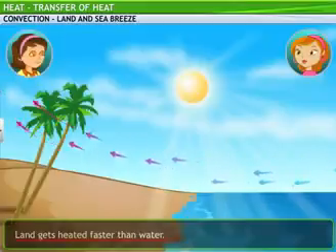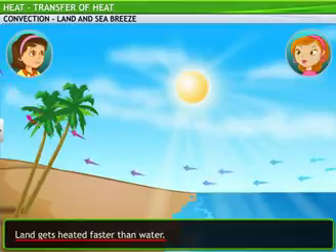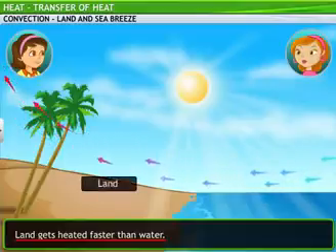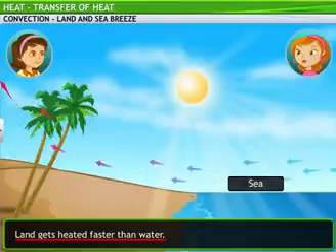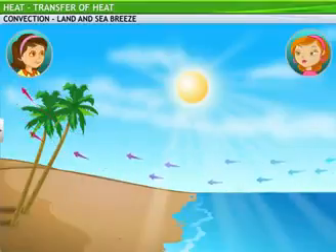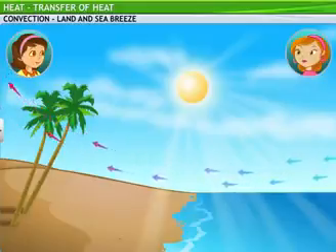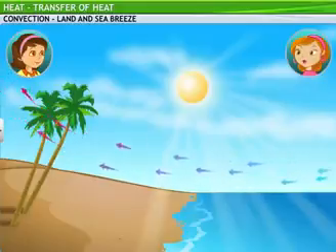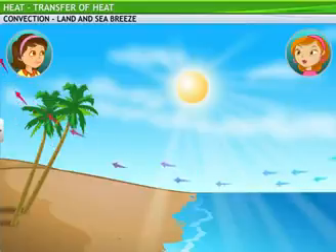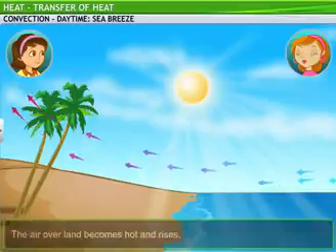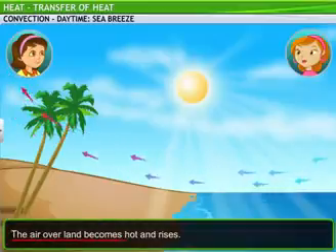Similarly, the weather in places near the sea can be explained. Land near the sea gets heated faster than water. Is it because solids get heated faster than liquids? Yes. Solids heat up faster than gases and liquids as well. During the day, the air over the land becomes hot and rises.